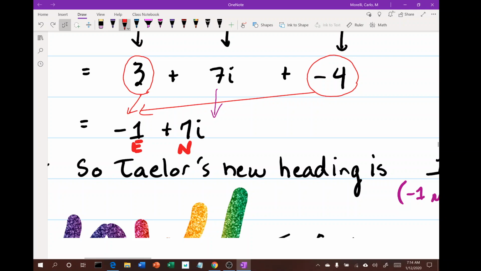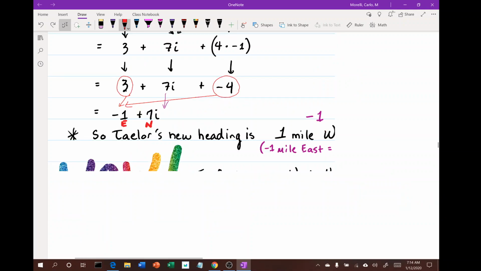Now we can see what Taylor's new heading is. She's moving negative 1 mile east. Give the computer a second here to catch up with us. It'll pop up.